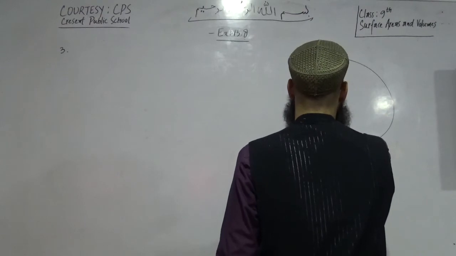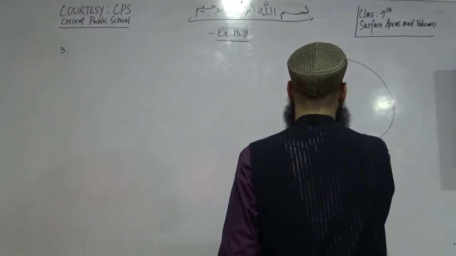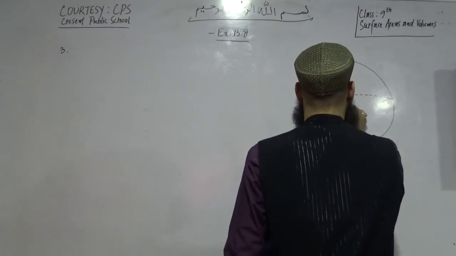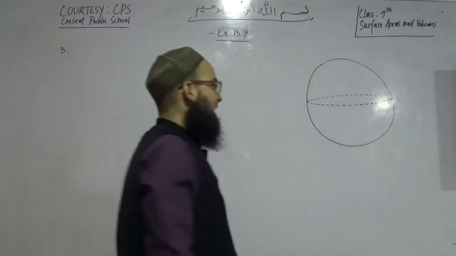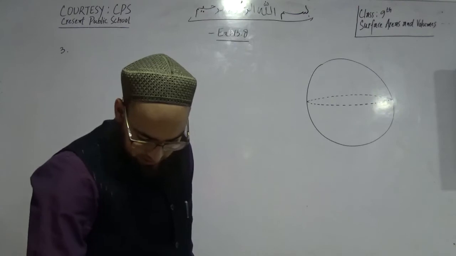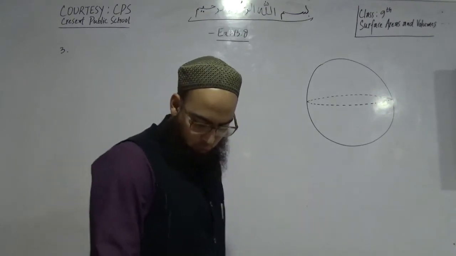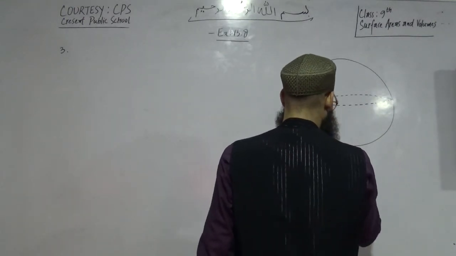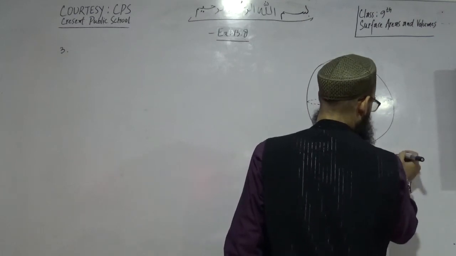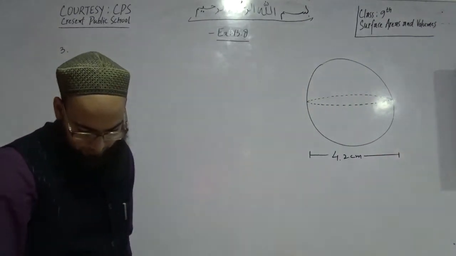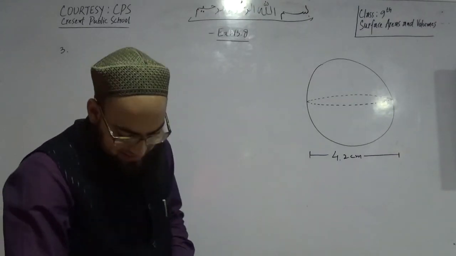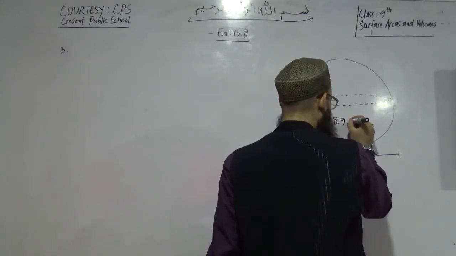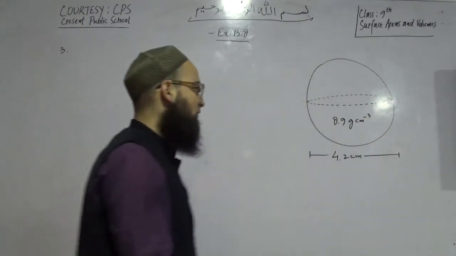Its diameter is 4.2 centimeter. What is the mass of the ball if the density of the ball is 8.9 gram per cubic centimeter. This is the density of the ball.